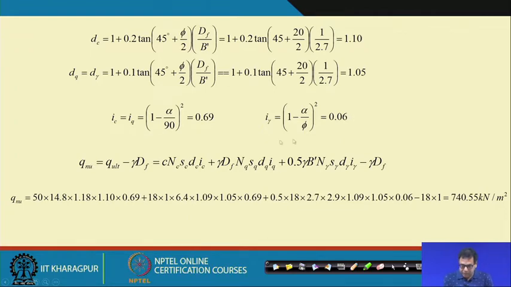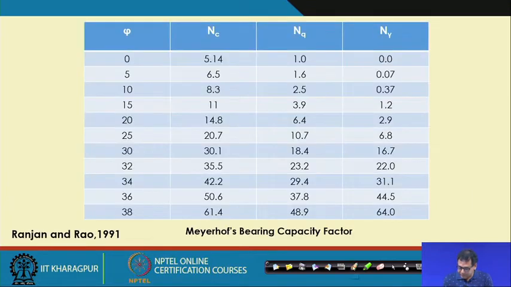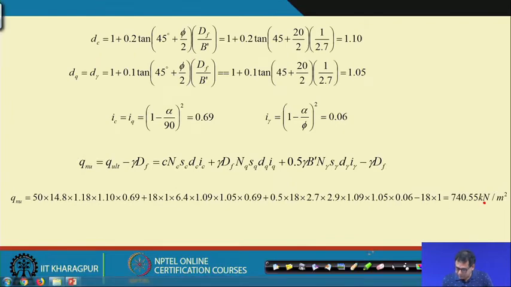So, ultimately if I put these values in this expression, I will get the ultimate load carrying capacity as 740.55 kilonewton per meter square. Now, if I want to calculate the total load, then Q will be A dash into Q net ultimate.